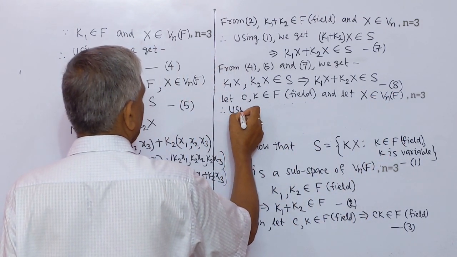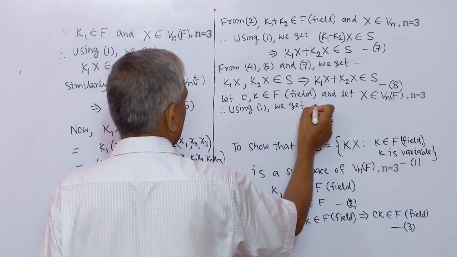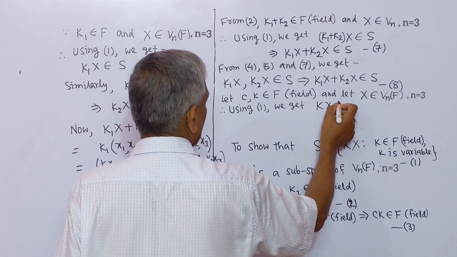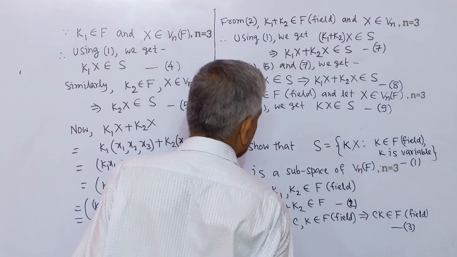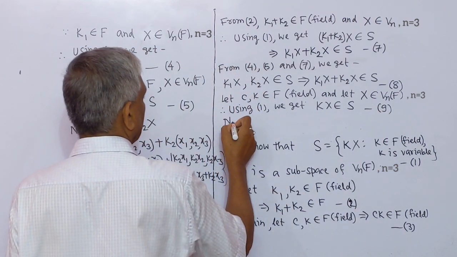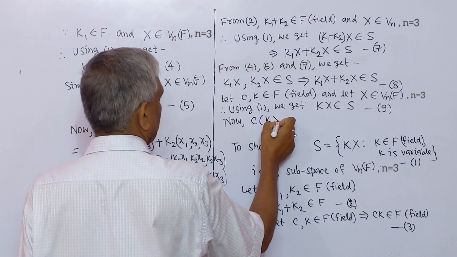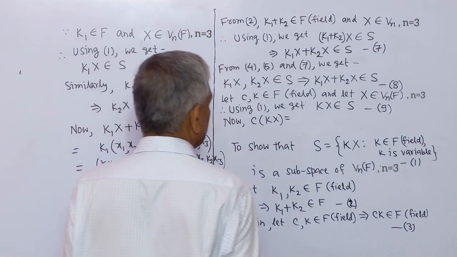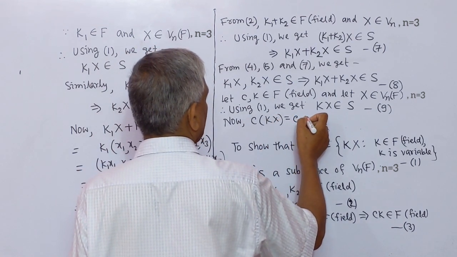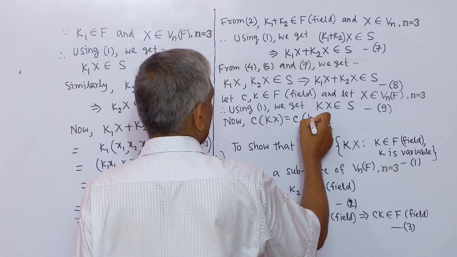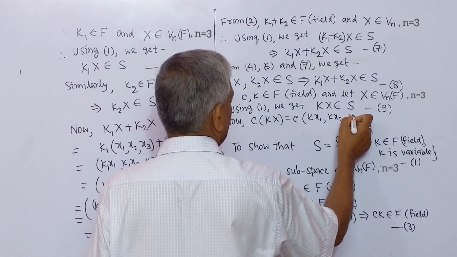Therefore, using 1, we get Kx belongs to S. This is number 9. Now, CKx equal to C times Kx means Kx1, Kx2, Kx3.